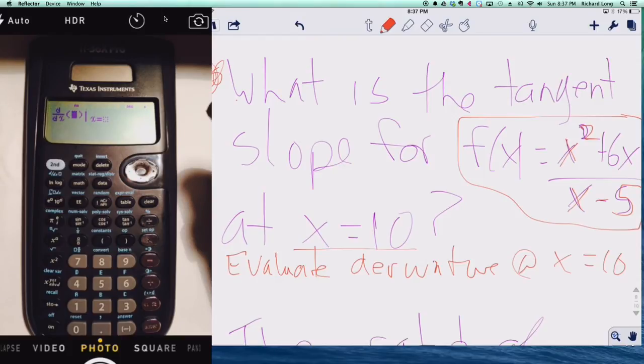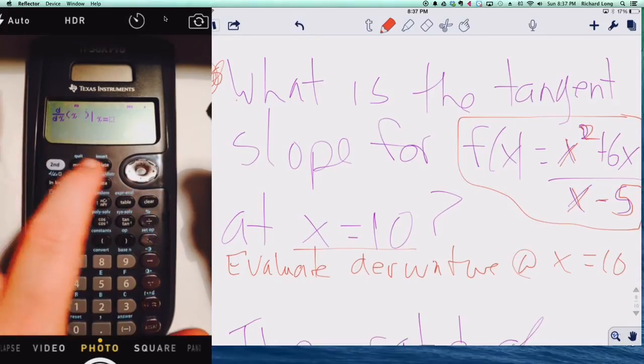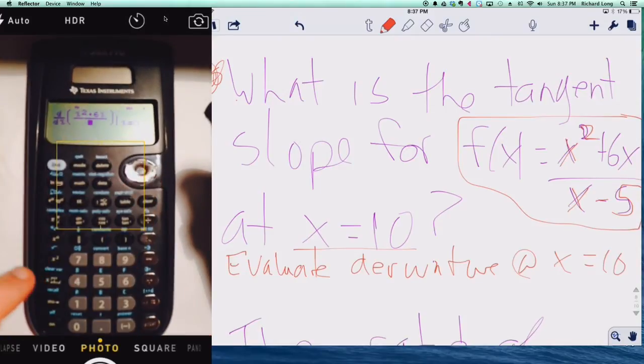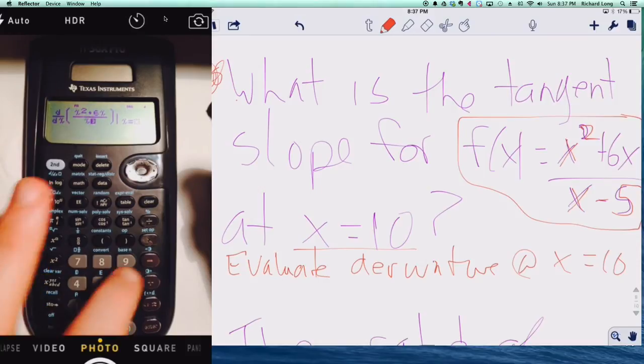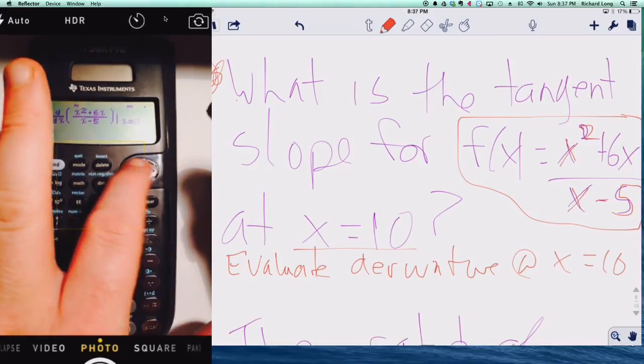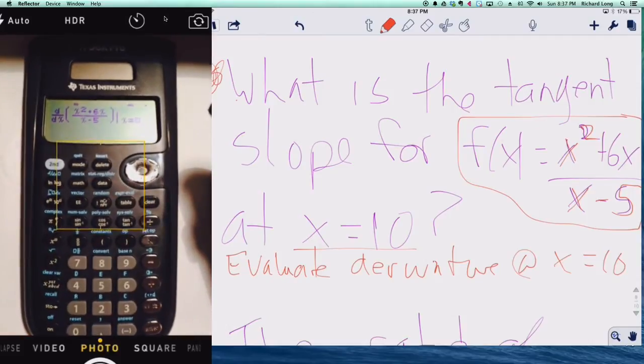Let's delete that, because I want to put in a fraction. So it's going to be x squared plus 6x divided by x minus 5, and I want to figure that out at x equals 10.